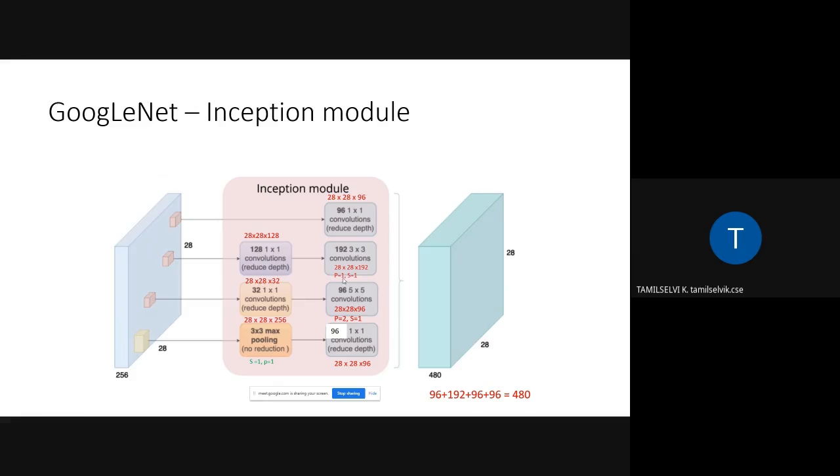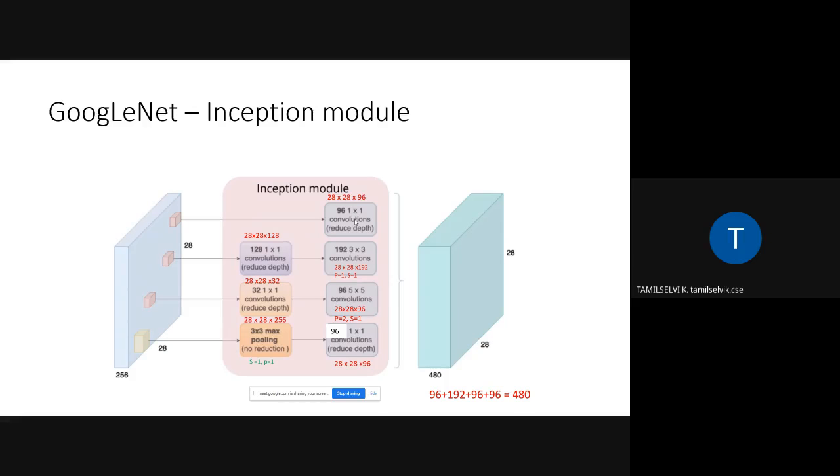In this case, if you go with 3 cross 3 convolution, there will always be a reduction in size because your kernel is 3 cross 3, the corner cells will be omitted. Because of that, you have to go for padding. So this padding is 1. Since S, you cannot give it as 0 because the denominator, if it is 0, will become an error, right? That's why by default, padding is 0 and S equal to 1 in all operations, if not specified.